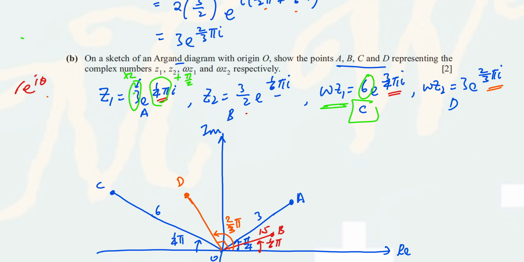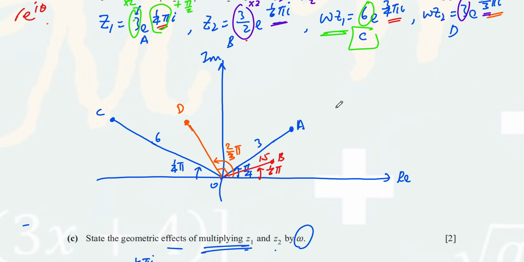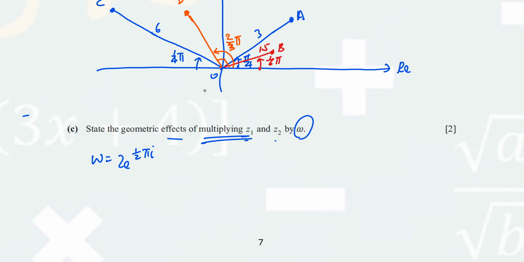Same goes for point B. Here 3/2 becomes 3, so when you multiply, that means you times 2. And 1/6 pi becomes 2/3 pi, so here you also plus half pi. For the geometric effects, you can just refer to here. Now, B corresponds to D, and C and A are one pair. This is 90 degrees, this is pi over 2.